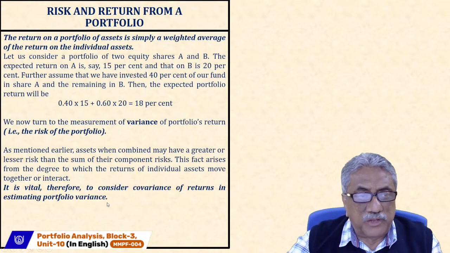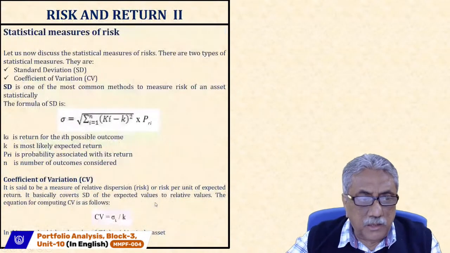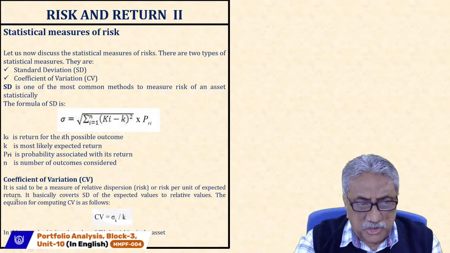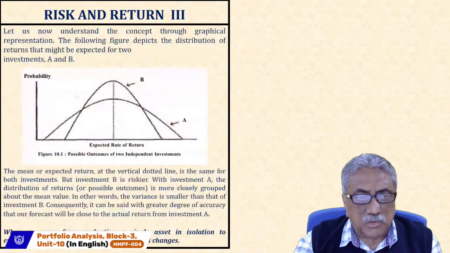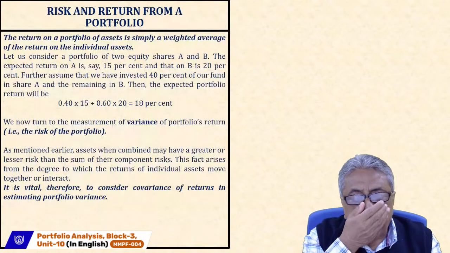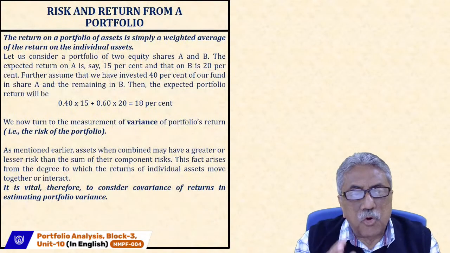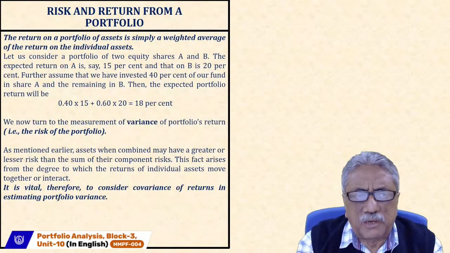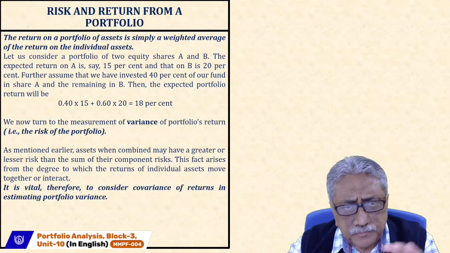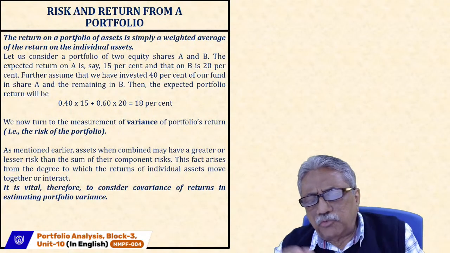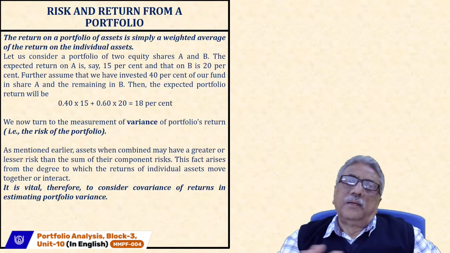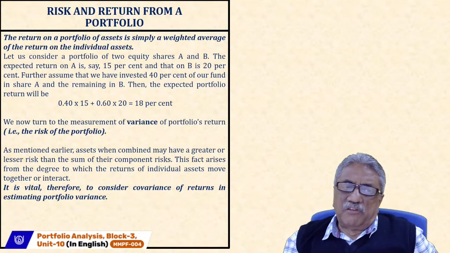What do you mean by covariance of the return? Covariance, coefficient of the variation. We'll learn the covariance very soon. In simple terms, portfolio return we will understand by averaging it, a weighted average.